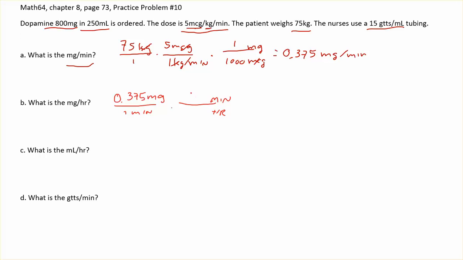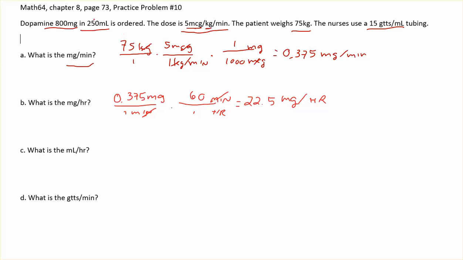And I know that relationship, it's 60 to 1. So I multiply that by 60, and I get 22.5, and you can see the minutes drop out. Milligrams per hour.